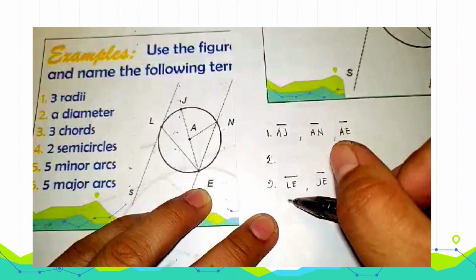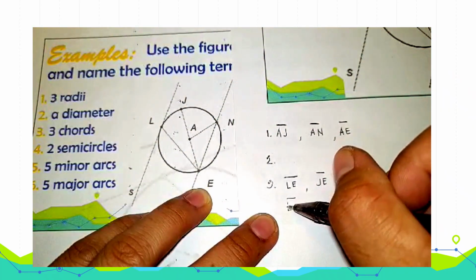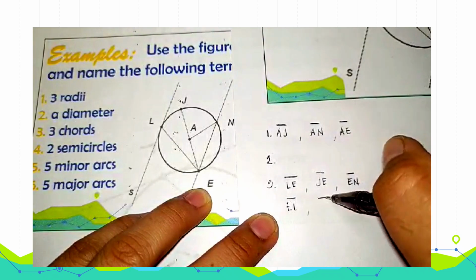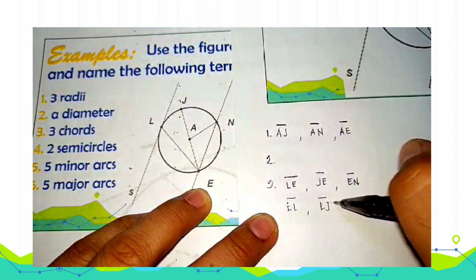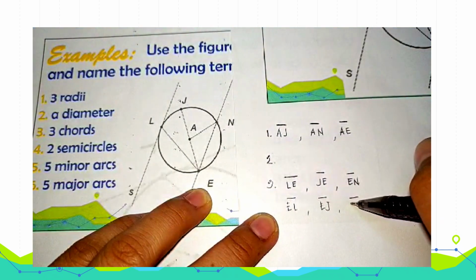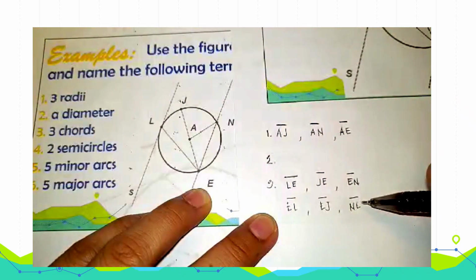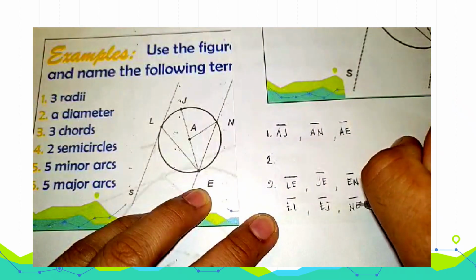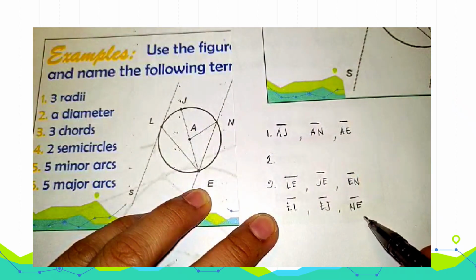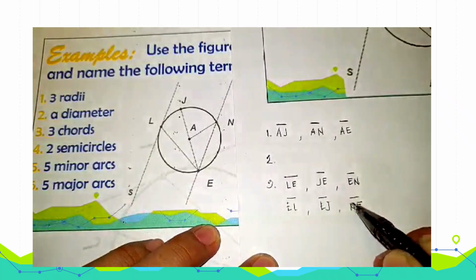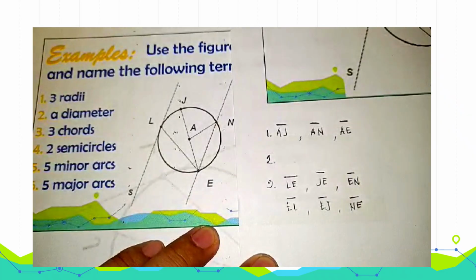You can also have it as segment EL or segment EJ or segment NE. It's the same as long as there are 2 points here and the symbol on top is correct.